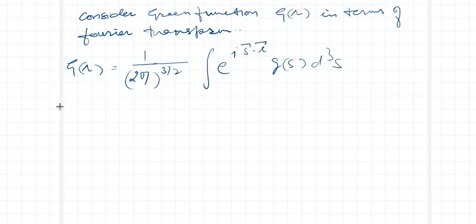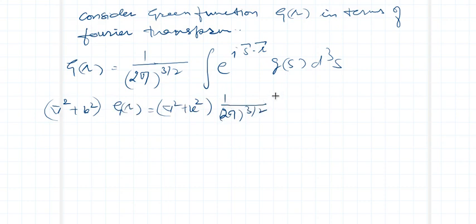Now del square plus k square G(r) can be written as del square plus k square, and it is 1 over 2 pi raised to power 3 by 2, and integral e raised to power iota s dot r G(s) and d cube s.